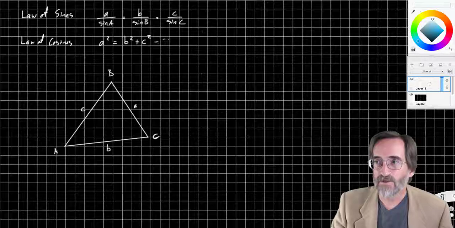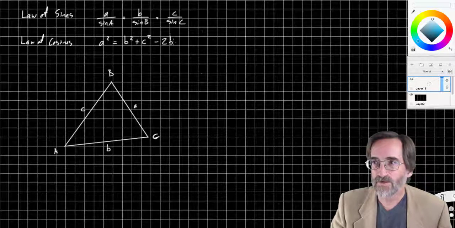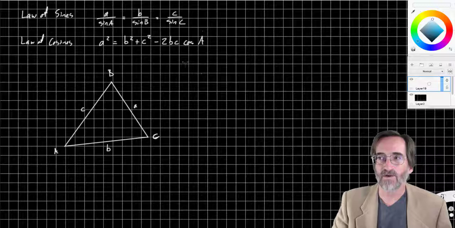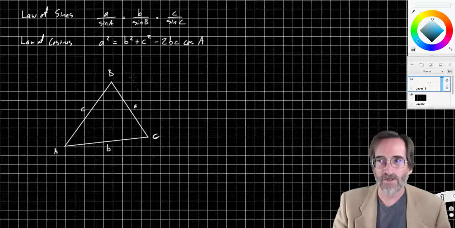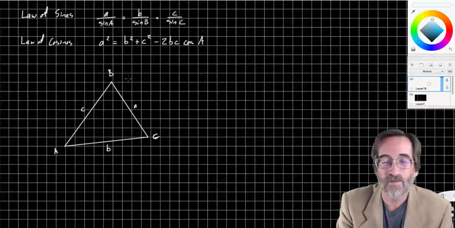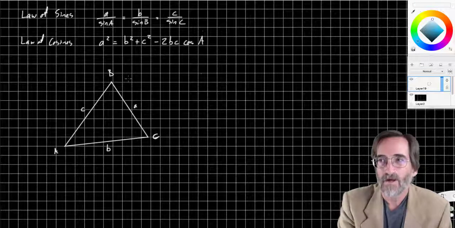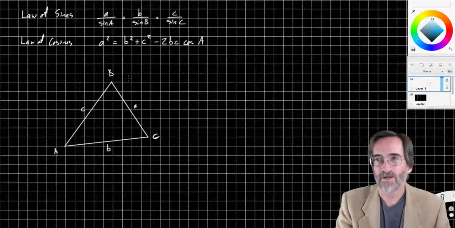But we have this third factor here, minus 2bc cosine angle A. Because cosine of 90 degrees is actually 0. And this whole thing would drop out if it were a right triangle. Okay, so a squared equals b squared plus c squared, like the Pythagorean theorem, minus 2bc cosine A.